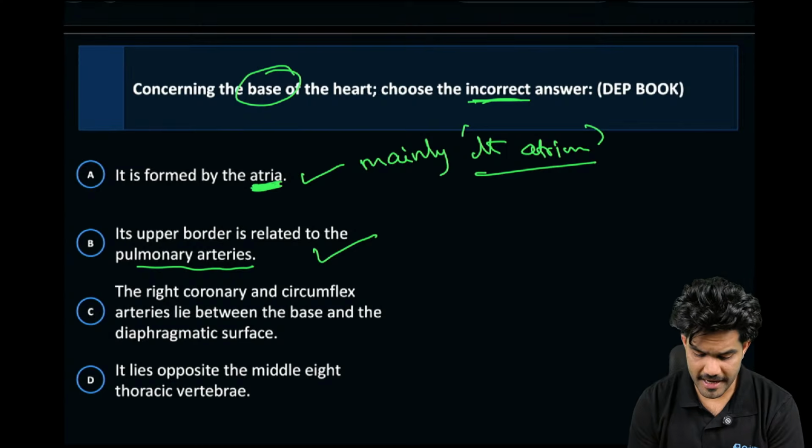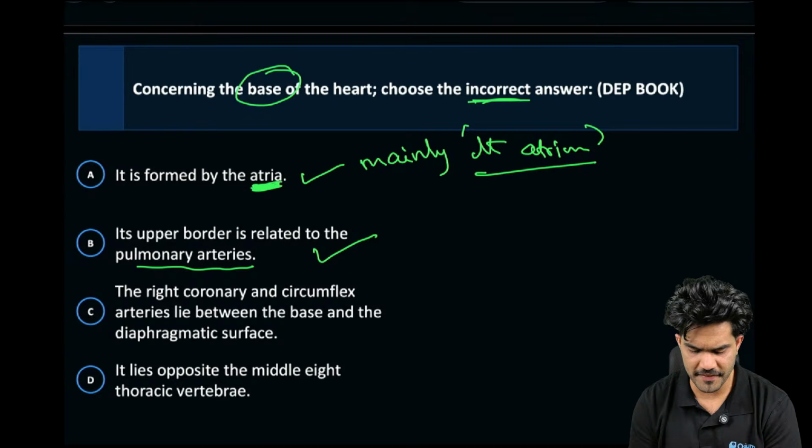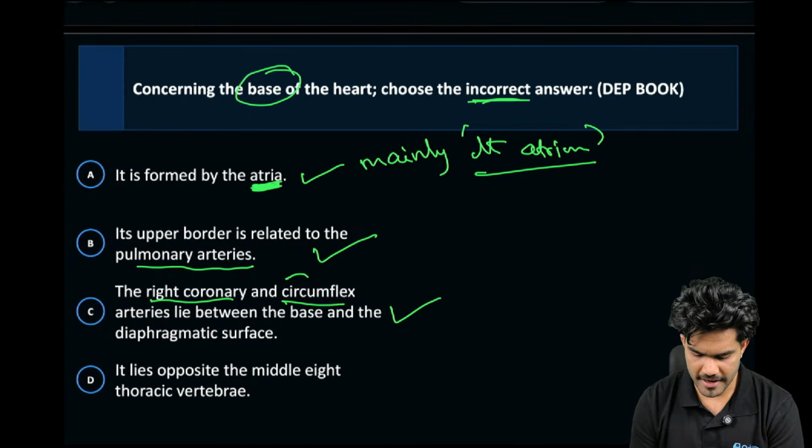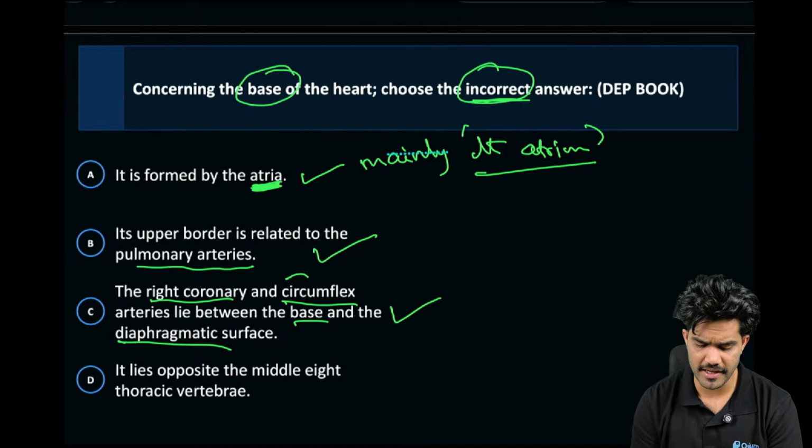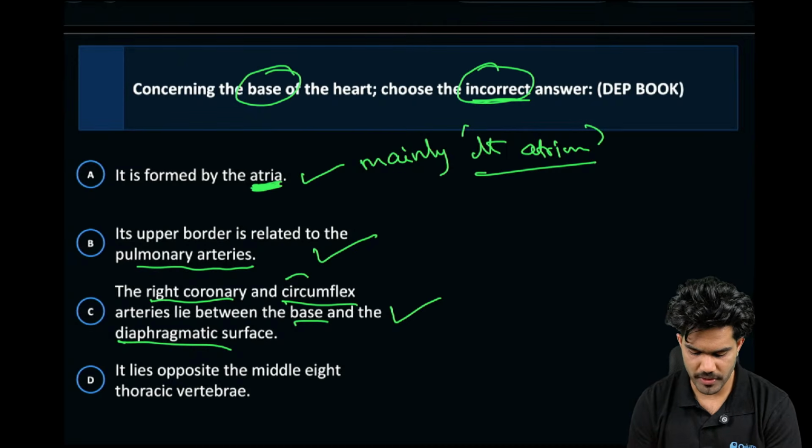Now, the right coronary and circumflex artery lie between the base and the diaphragmatic surface. Yes, it's a true statement. We have to find the incorrect statement. It lies opposite to the middle 8 thoracic vertebrae.